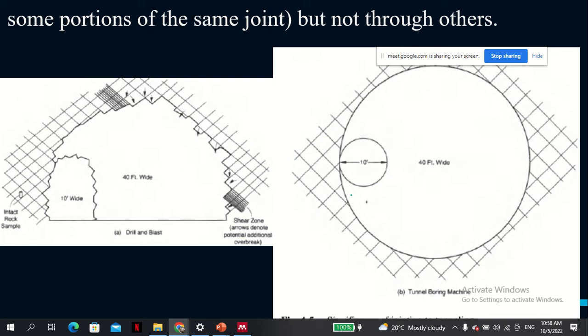So if this is your tunnel, assume this is your tunnel. No, maybe misleading, so I will try to draw here.